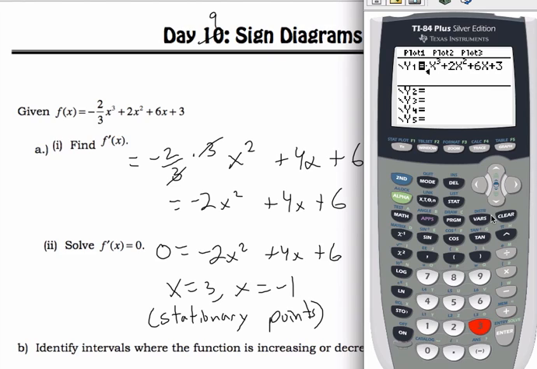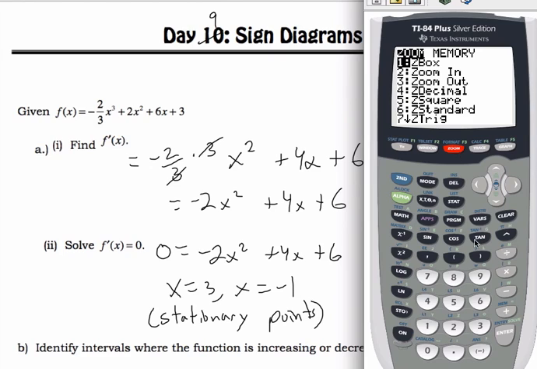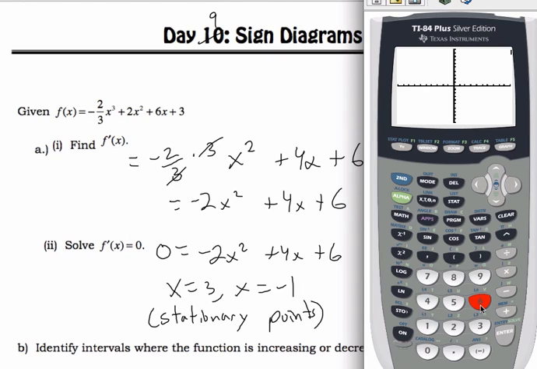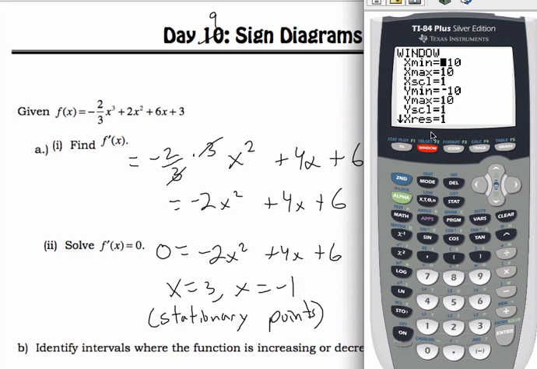Okay, so here is the function. I'll do Zoom 6, Zoom Standard. Okay, so we got this function. We can't see the top right now, so I can go into Window and increase my y maximum maybe to 20. Let's try that. 20 should work.